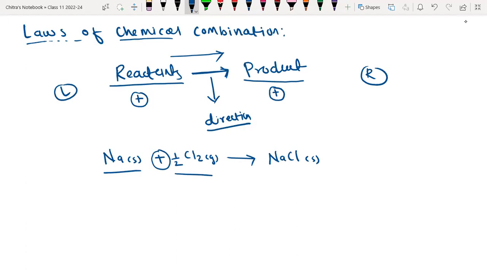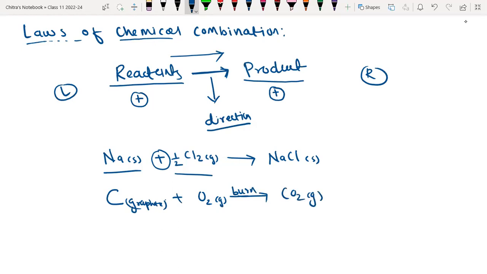If we are using any allotropic form, we have to mention the allotropic form also. Suppose we have carbon in graphite form. We write graphite, and we burn it in the presence of oxygen gas. Since the process is burning, we write burn here.